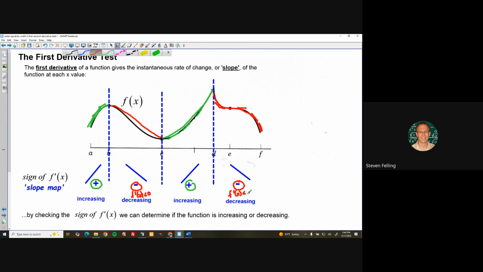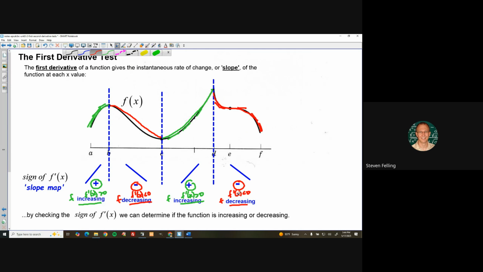This is another notation that you might see. f prime of x being greater than 0 in these locations. And the terminology we use is increasing. f is increasing when the derivative of f is positive, and f is decreasing whenever the derivative of f is negative.